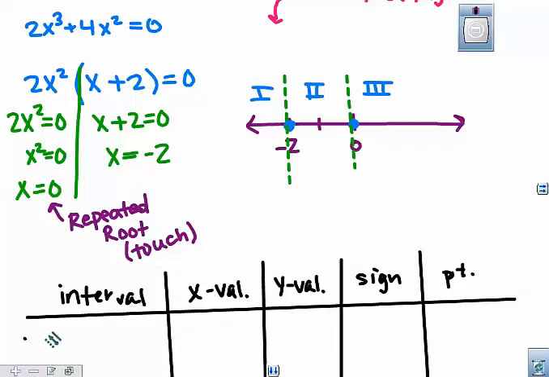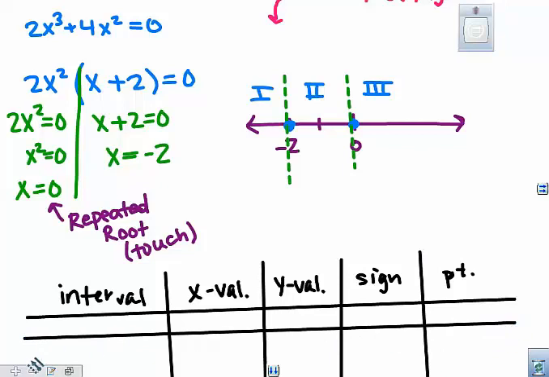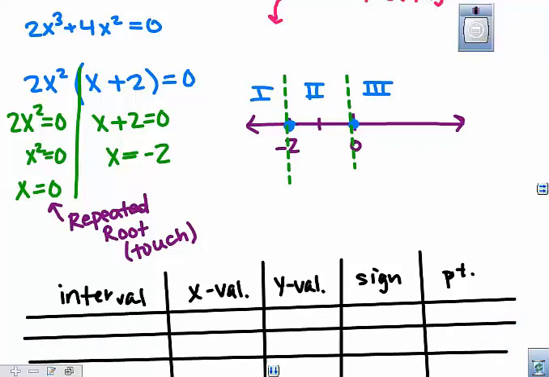Okay, so the first interval is from negative infinity to negative 2. The second interval is from negative 2 to 0. And the third interval is from 0 to positive infinity.